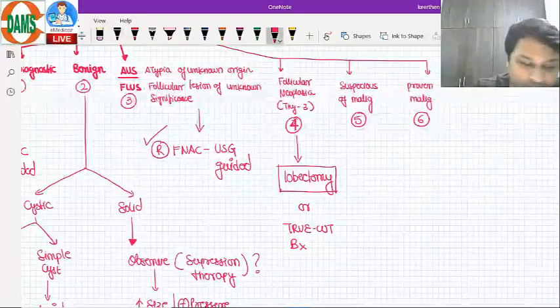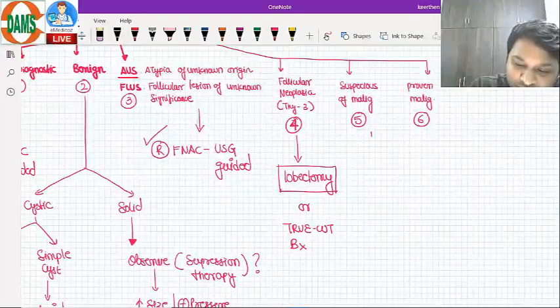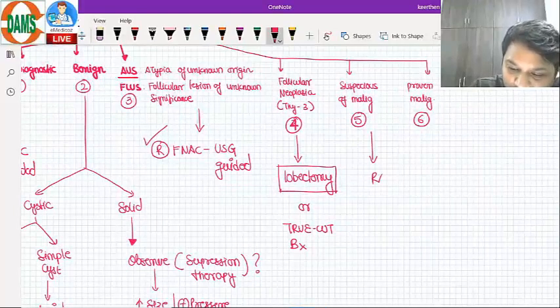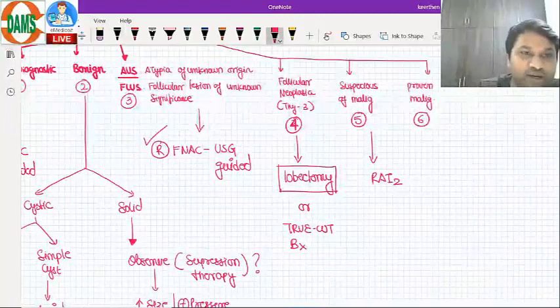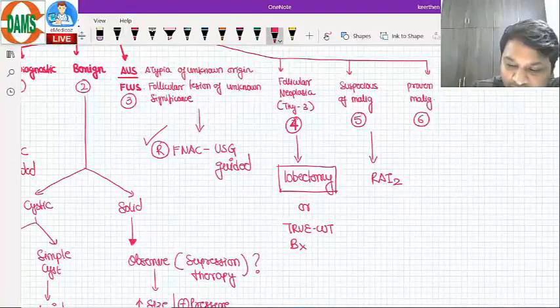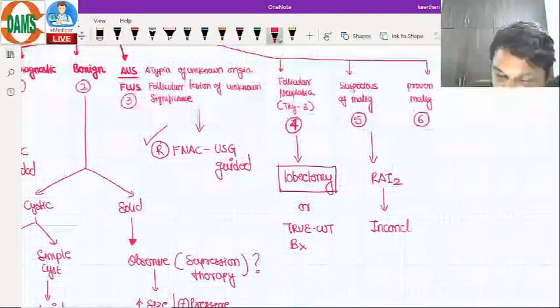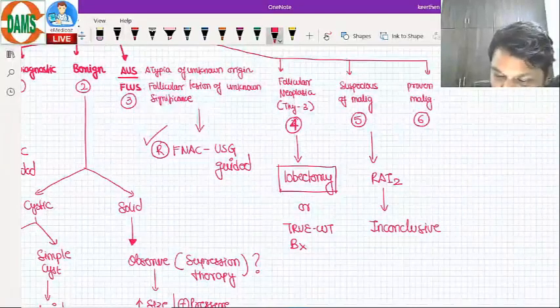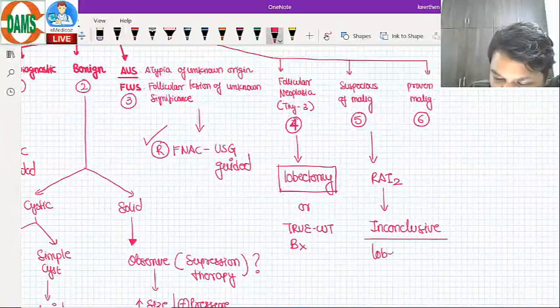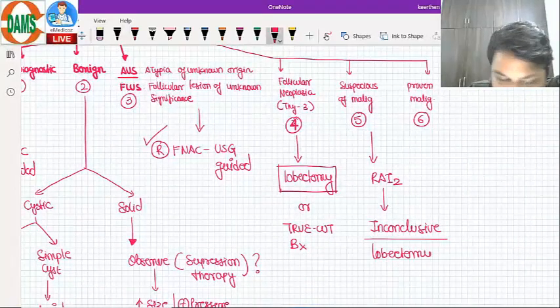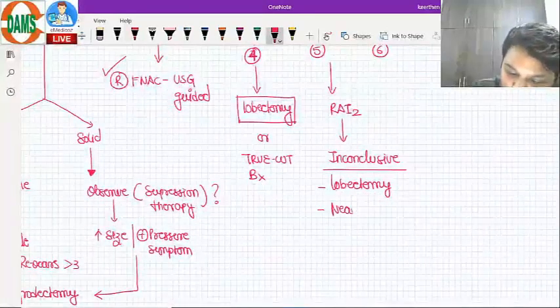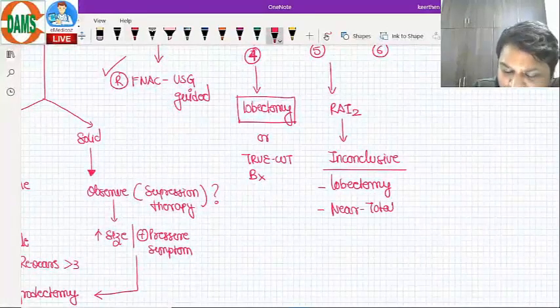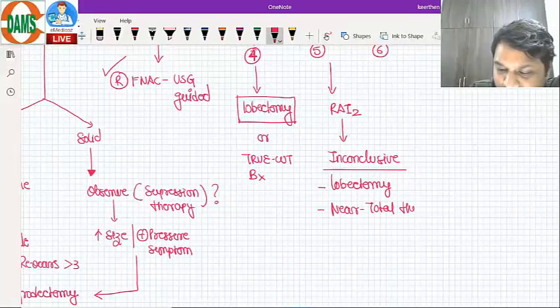Suspicious of malignancy: for suspicious of malignancy, you have to go for radioactive iodine scan. If radioactive iodine scan is inconclusive, then you have to go for either lobectomy or near total thyroidectomy, depending on the extent of the disease.